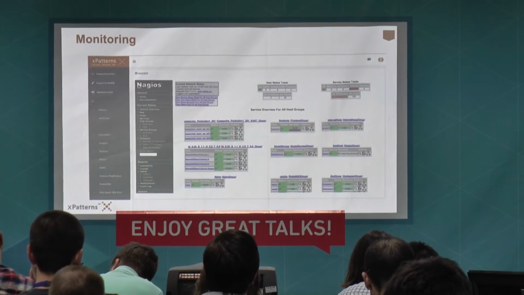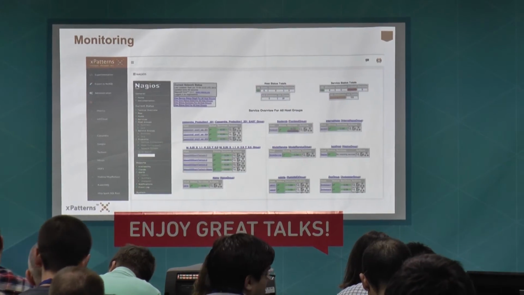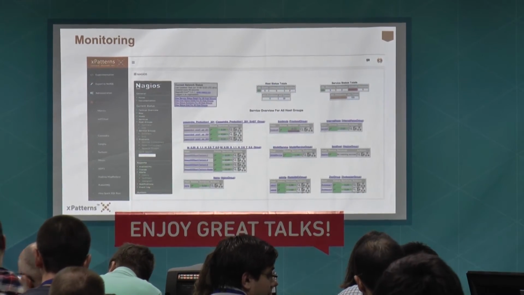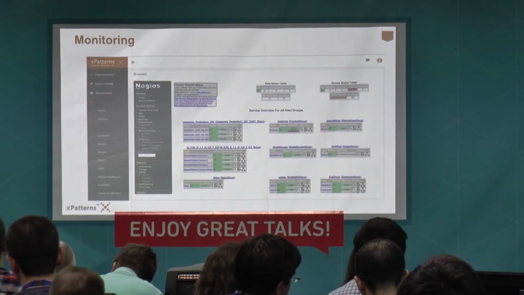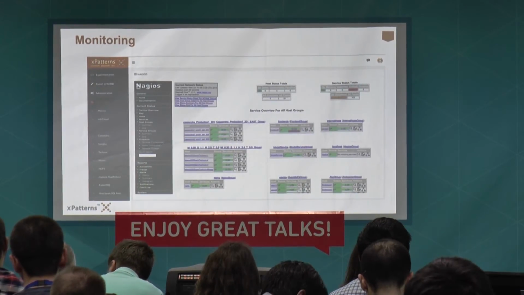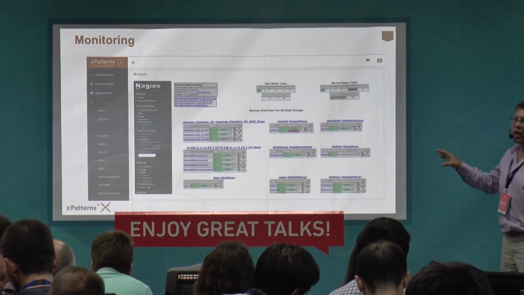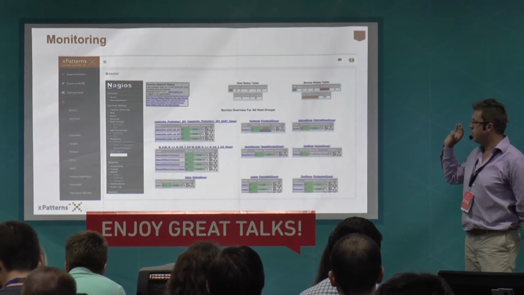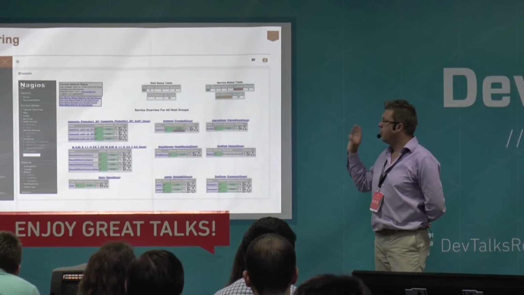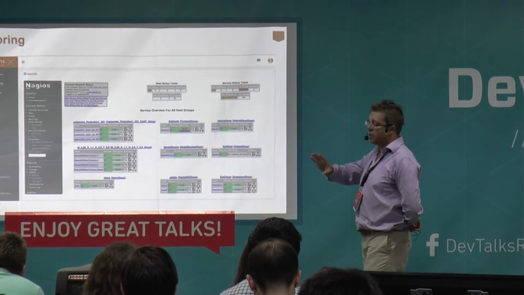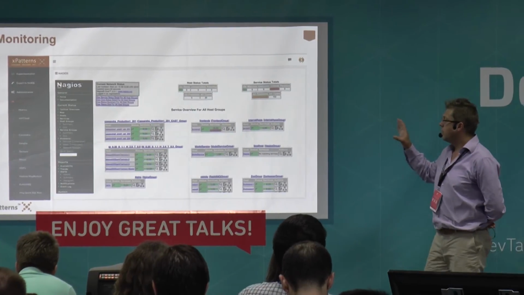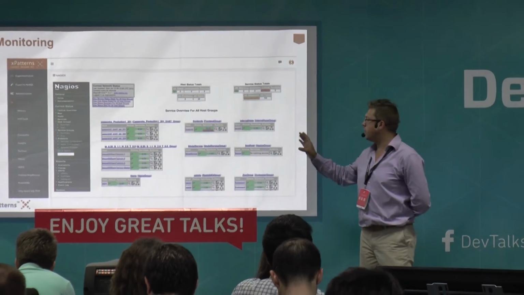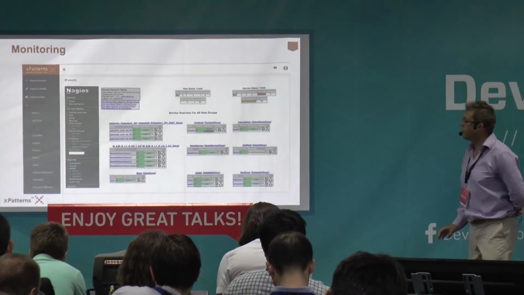Regarding the monitoring part, we use Nagios, but also Ganglia. I won't get too much into details, but as you can see, we monitor the performance of the clusters all the time. Regarding different technologies, you can see Cassandra, the front ends, all Mesos and Tachyon workers. Everything is out there.